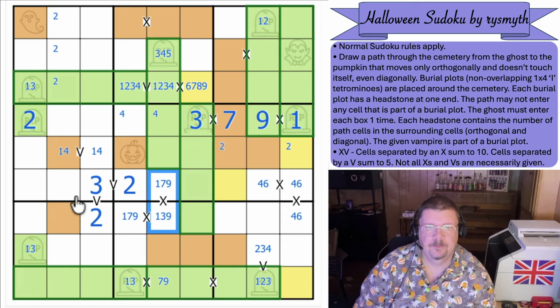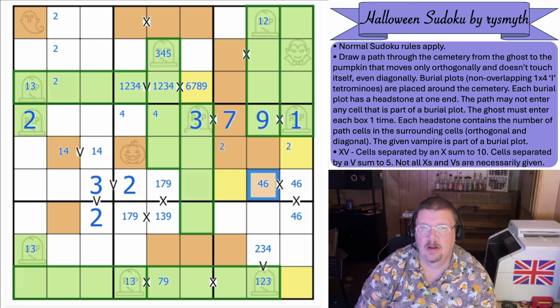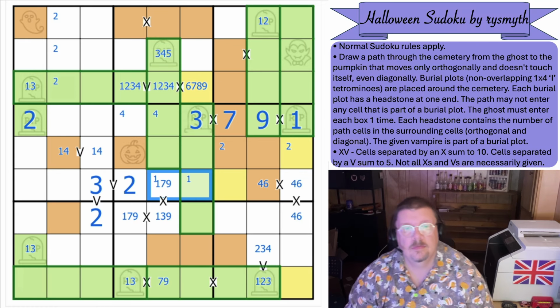Let's see. Right, that has a 1. That has to be path. One in this box is in one of those two.